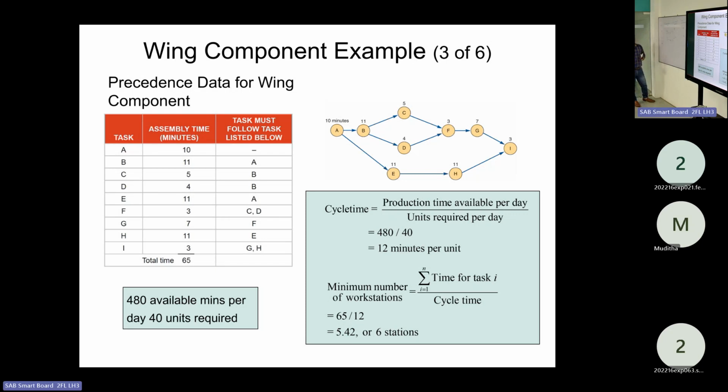Now, what are the possible tasks? Remaining time, we have 12 minutes. According to the precedence diagram, after completing B, C and D also become feasible.